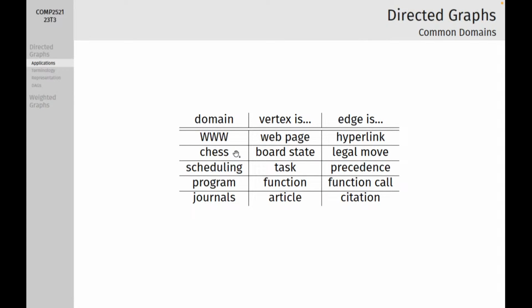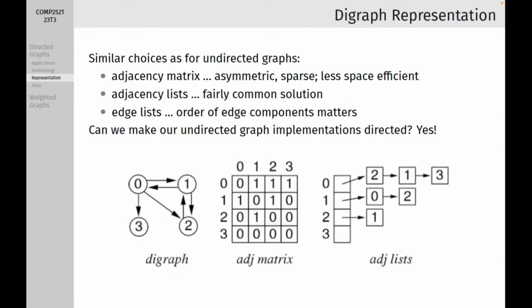Chess, there are lots and lots of different possible board states, but from each board state, there are relatively few board states you can get to by doing one move. All right. So this is what the adjacency matrix would look like for this graph.